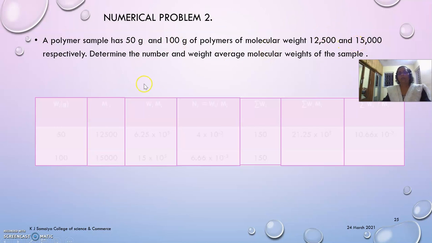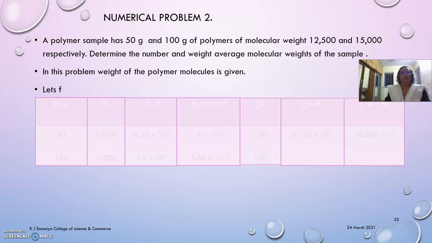Now in this type of problem, let us see how we calculate the molecular weight. Let's find out first the number of molecules, not moles, molecules, Ni, by finding the weight upon molar mass. So the number Ni into Mi, the molecular weight, will give you the weight of this sample.